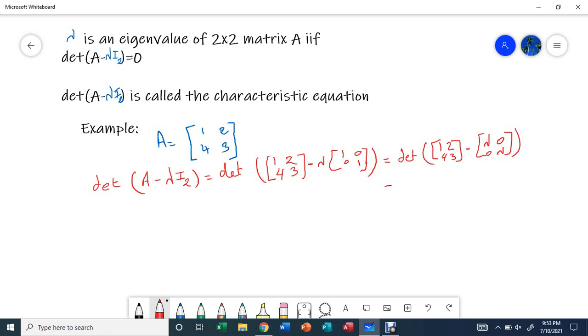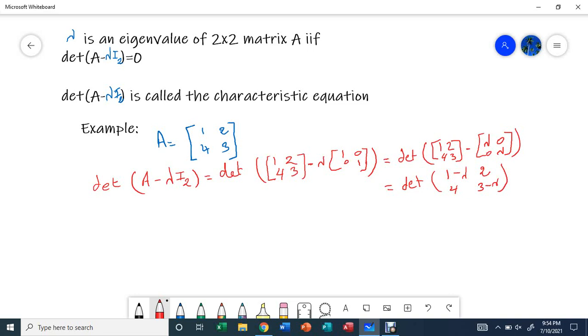Now subtracting the two matrices from each other, it's going to be 1 minus lambda here, 2 minus 0 is 2, 4 minus 0 is 4, and 3 minus lambda.